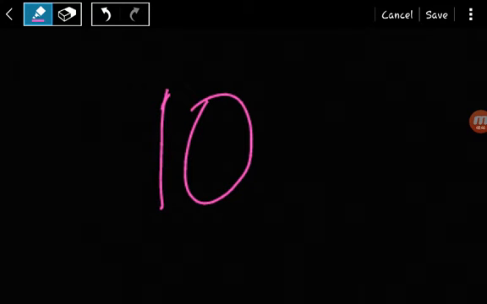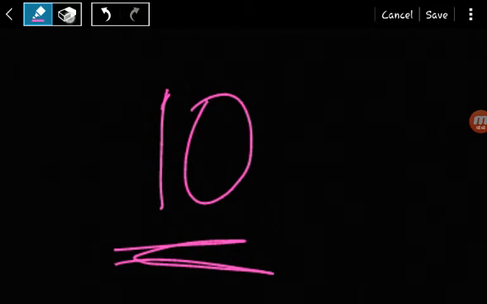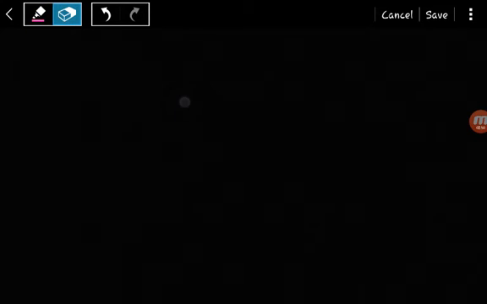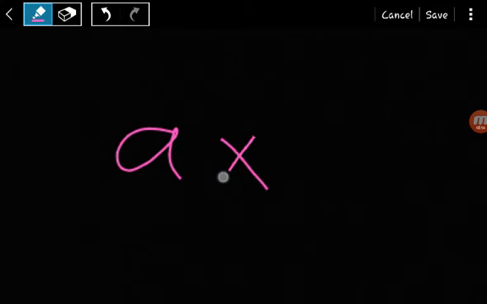So scientific notation. You have 10, really important. In scientific notation, the formula is A times 10 to the power of n, where A is a whole one-digit number between 1 and 10.